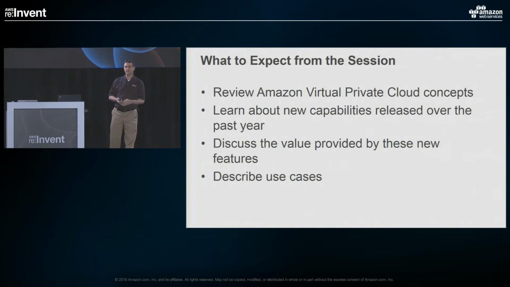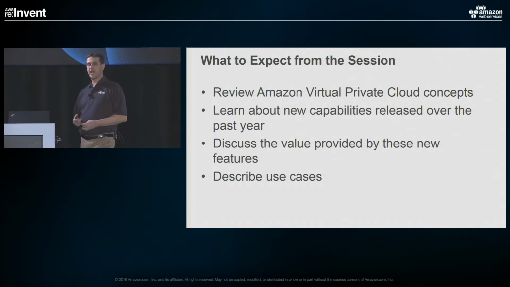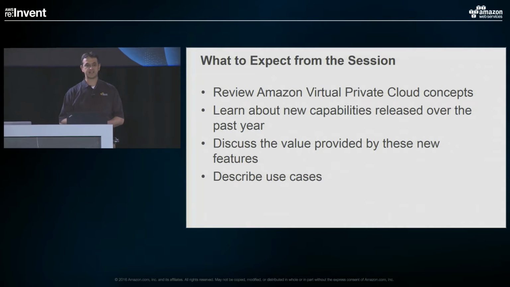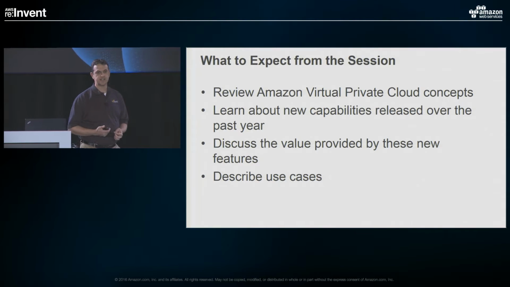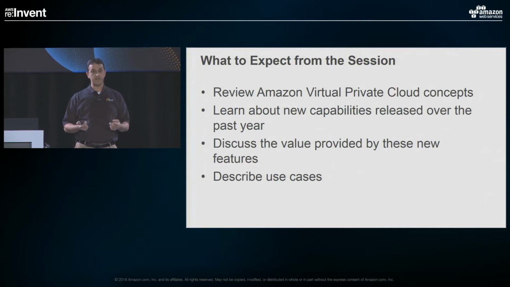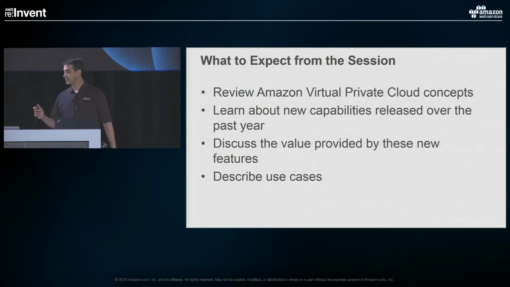We're going to take a look back at Amazon Virtual Private Cloud over the last 12 months and see what features we've introduced, go into detail into some use cases that these features have enabled, and then take a deep dive and talk about a couple of neat features, particularly one that we launched yesterday. And Kartik is going to get us started.